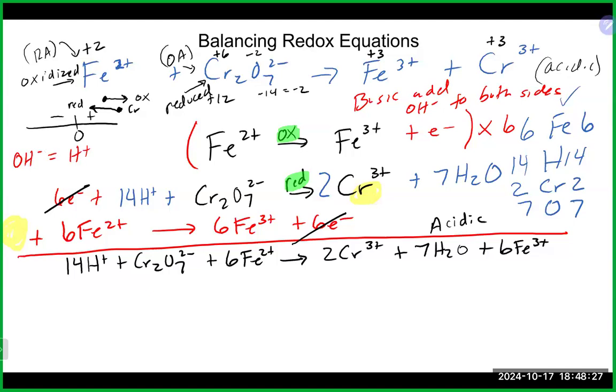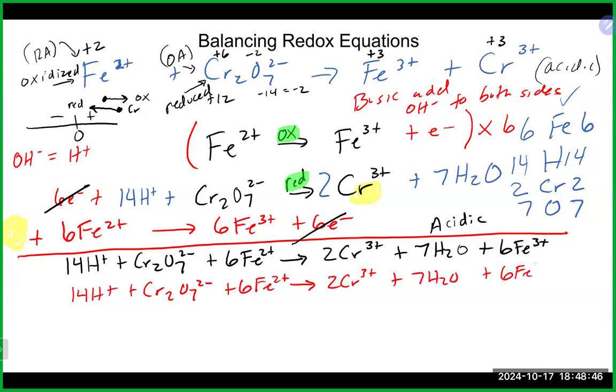So in this case, I'll rewrite it one more time underneath. 14 H pluses plus Cr2O7 2 minus plus 6 of the iron 2 goes to 2 of the Cr3 plus and the 7 waters plus the 6 iron 3. So we have 14 H pluses in this equation.